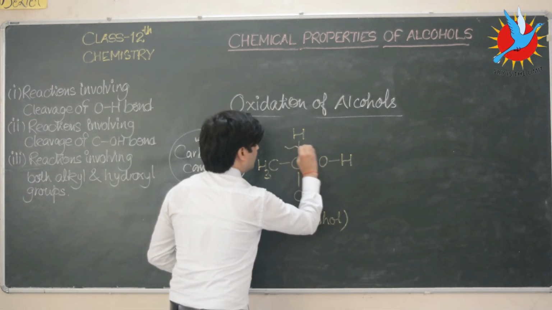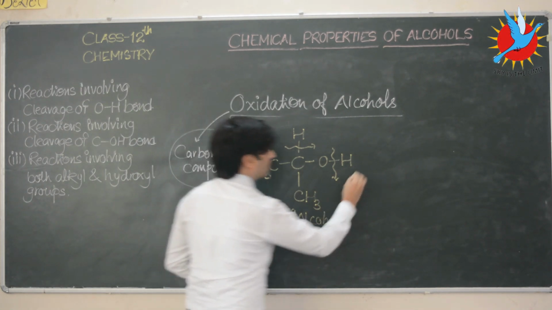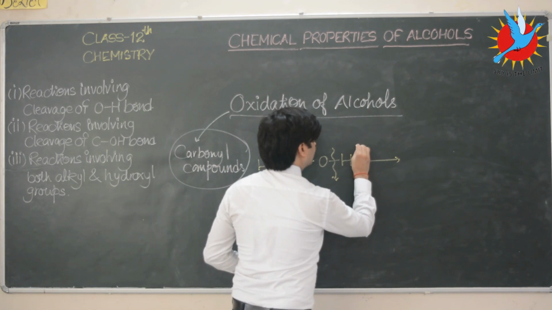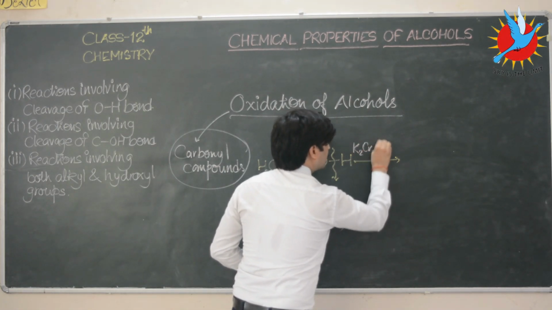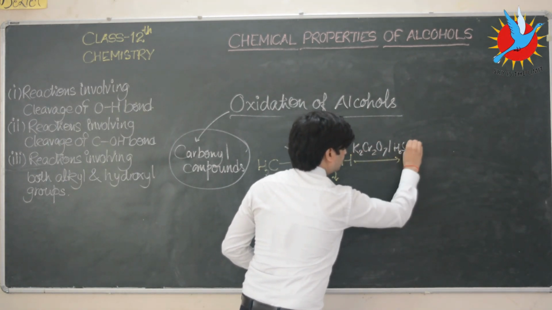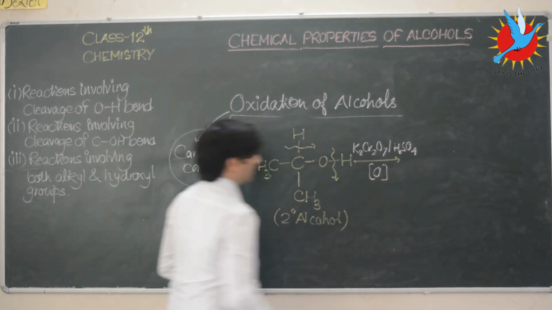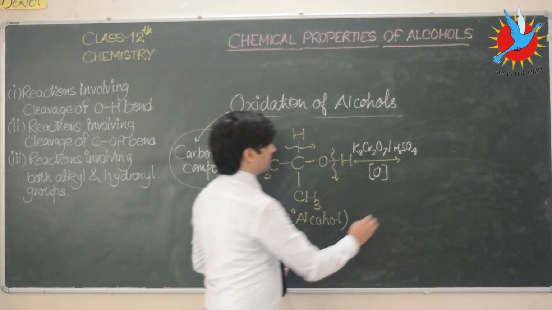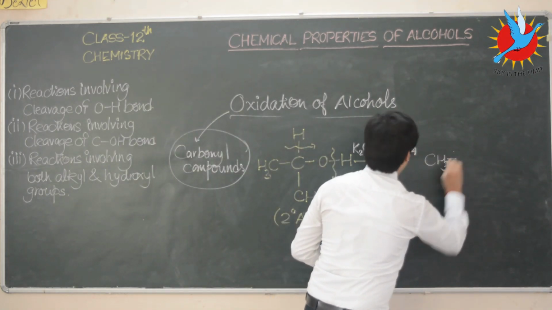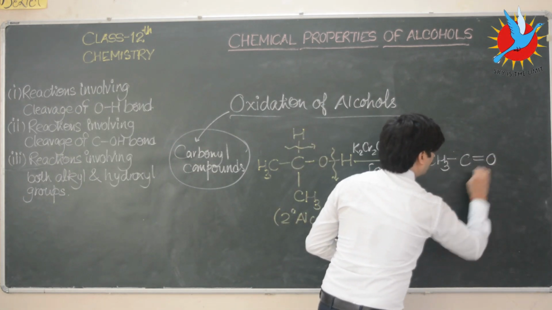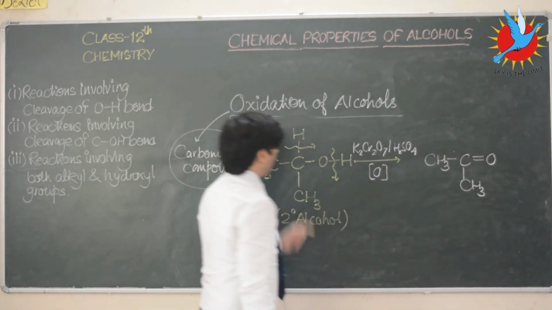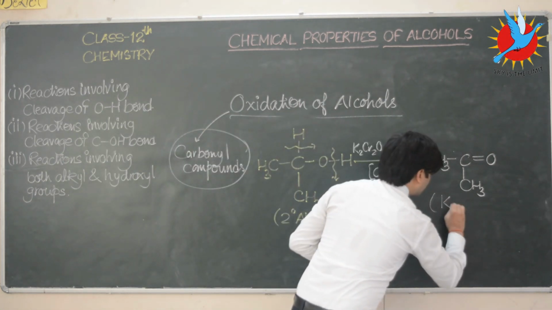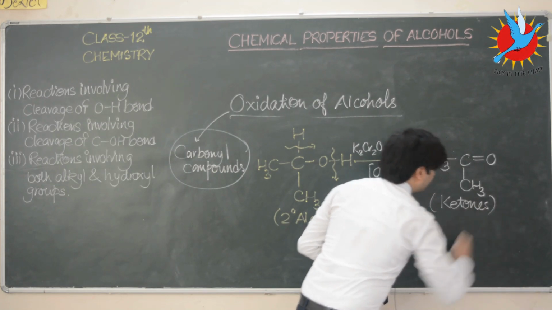Both CH and OH bonds get broken down. Again I am taking the same oxidizing agent, acidified K2Cr2O7. Upon oxidation it will form the corresponding ketone, CH3COCH3, along with a water molecule.